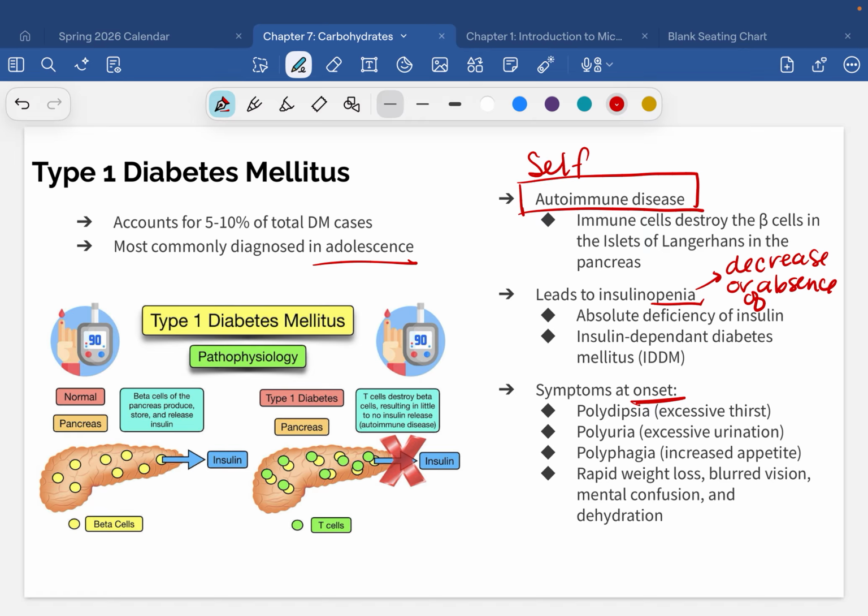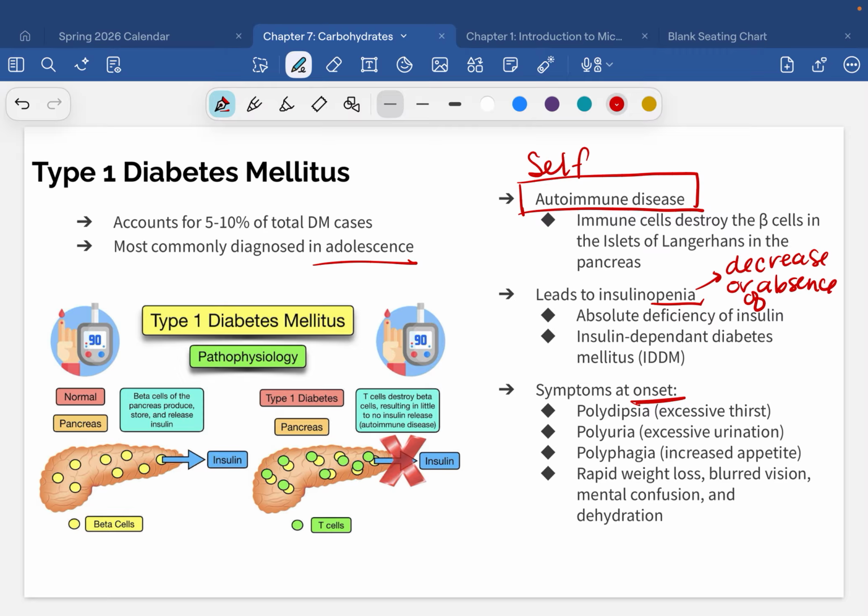If untreated, type 1 diabetes mellitus will eventually lead to a coma and death. That much glucose, again, the person is starving. The glucose in their blood cannot be taken into the cells and used. So eventually a person will go into a coma.